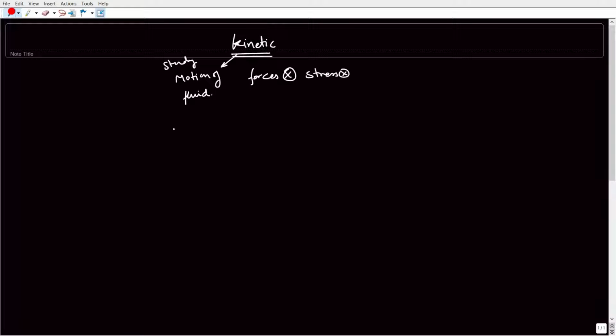So there are two types of descriptions available for the fluid motion. The first is the Lagrangian approach, and the second one is the Eulerian approach.